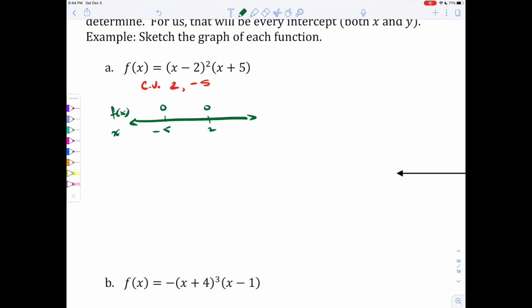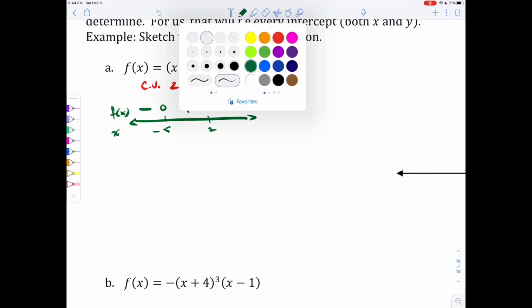I'm about to do it. Noting that this thing will end positive. It should be same on either side of the 2, and it should switch for the negative 5. That's my sine diagram. One thing we haven't gotten yet is y-intercept, so let's quickly get that.